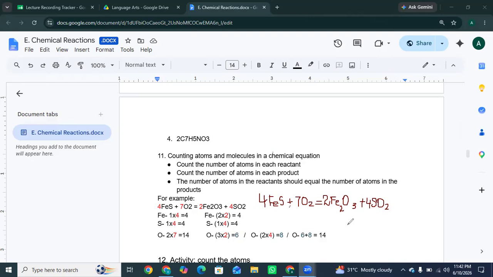The number of atoms in the reactant should equal the number of atoms in the product. Let's look at this example.